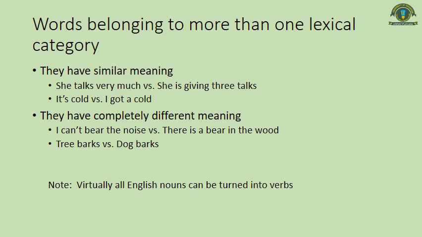So besides open and closed class with specific to part of speech, there are some words belonging to more than one lexical category. Some words belong to several categories. For example, she talks very much versus she is giving 3 talks.